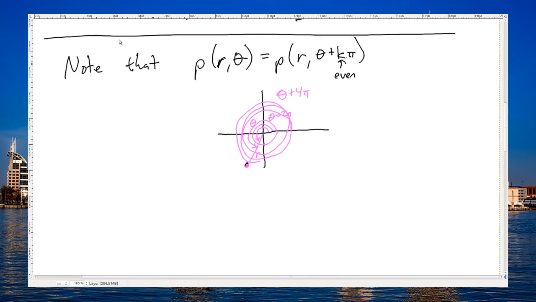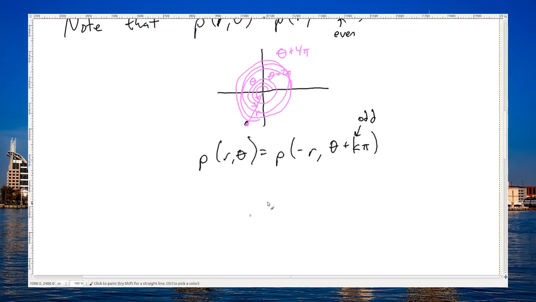And a similar thing happens if you add an odd number of pi's. The difference is your r needs to become negative. So here the k is an odd whole number. And the reason why is what we saw earlier. Let's suppose that this is my angle theta right here. So we're going to go out to our polar coordinate.